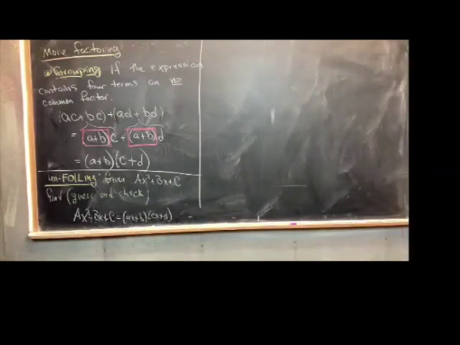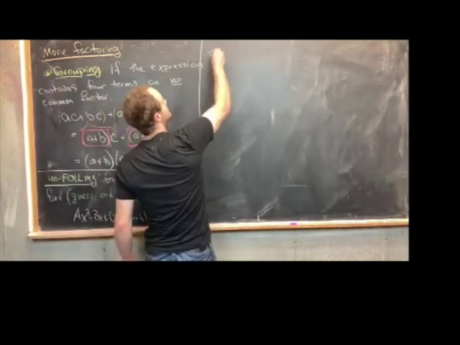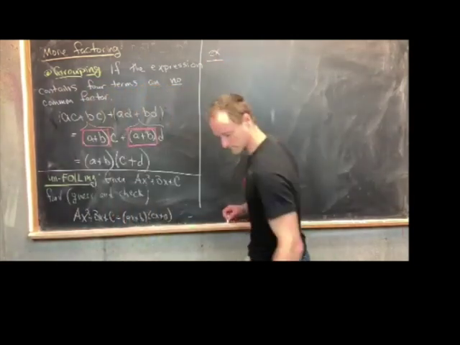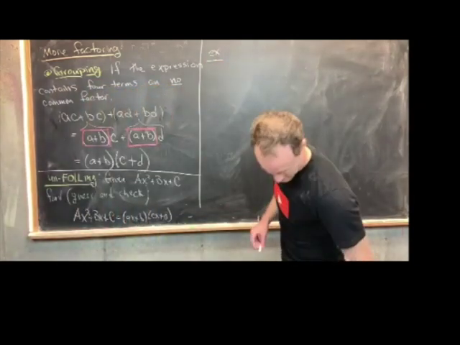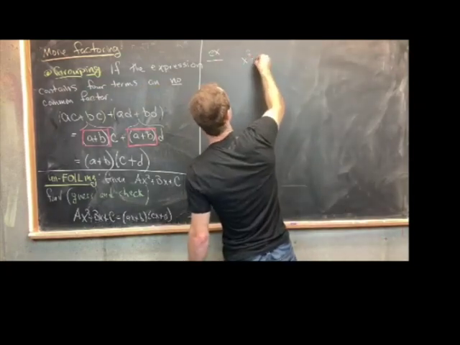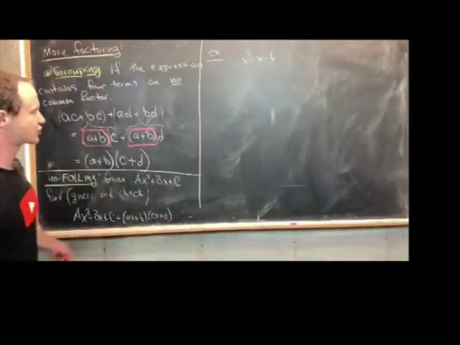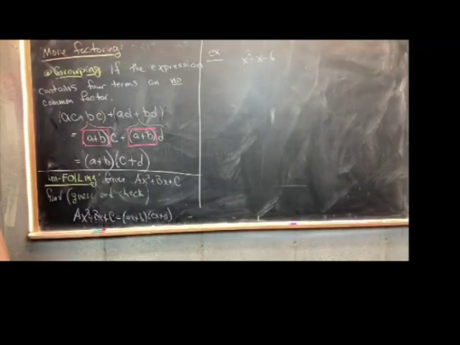Okay, so let's do some examples. So x squared minus x minus 6. The trick goes like this.